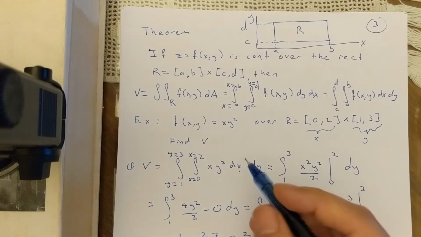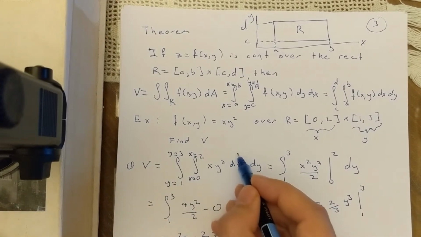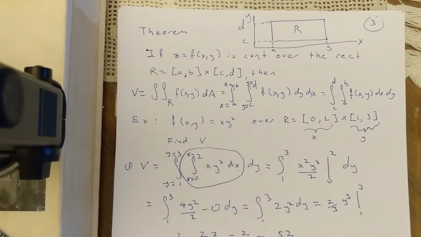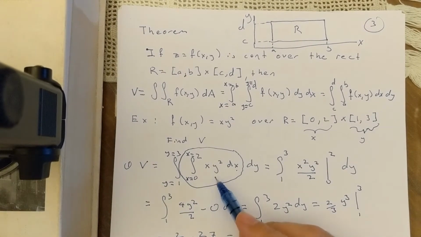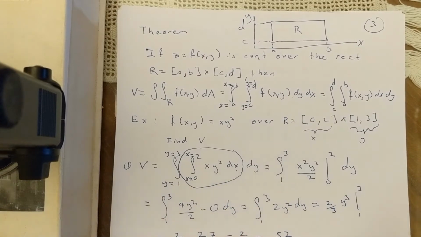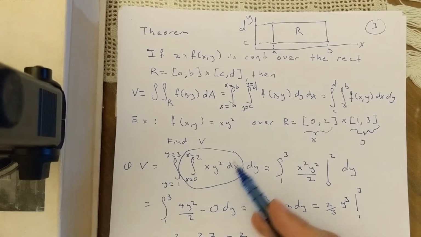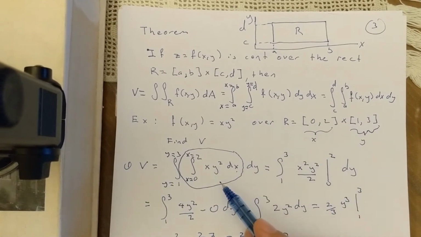Now, what we're actually doing is we're doing this integral first. Which means, well, this is not that bad of an integral. Remember, everything that has a y behaves like a constant. So this is just like 5x or y squared x, right? So the integral is going to be x squared over 2.